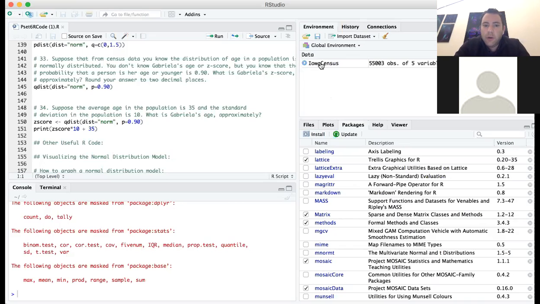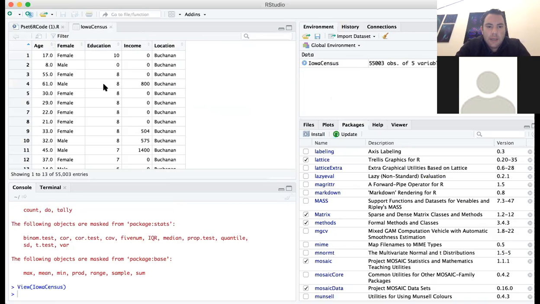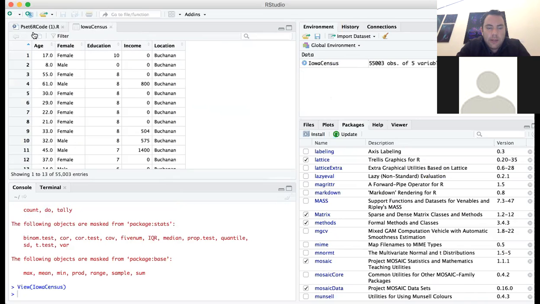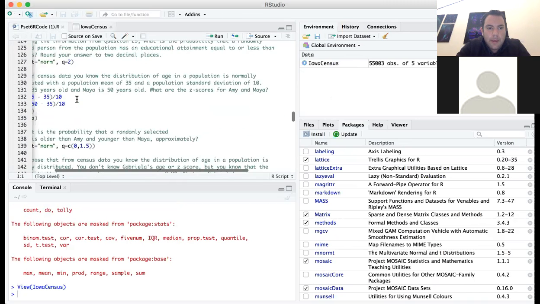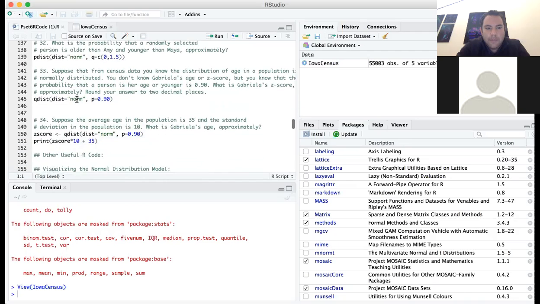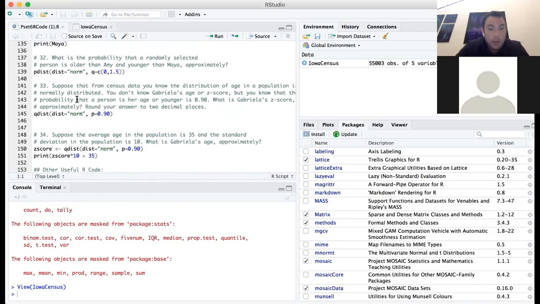So here, if you remember, we were dealing with the Iowa census data, which looked at gender, age, years of education, income, and location in the state of Iowa. So here, what we can do is we can look at different z-scores to find the percentiles based on the normal distribution.